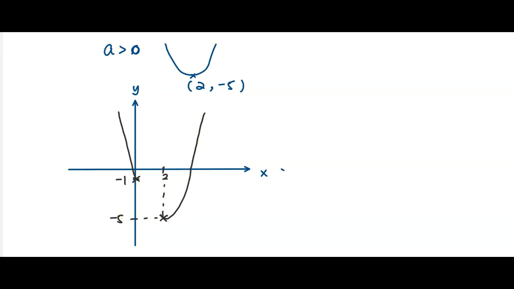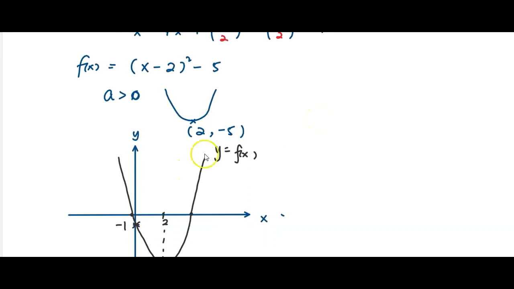Okay, this one can be better. You just sketch so that you have a very smooth shape. So this is y equals f(x), and now I can see that my graph passes through 2 points. The x-intercept, you can find by letting y equal 0, putting this form equal to 0.